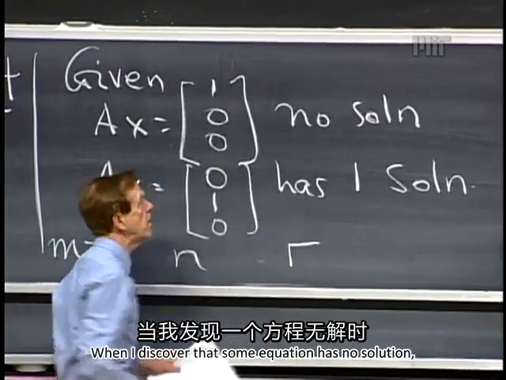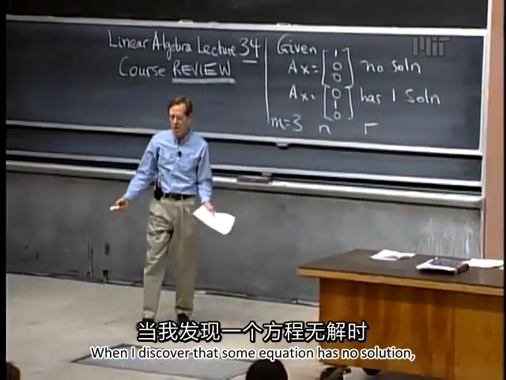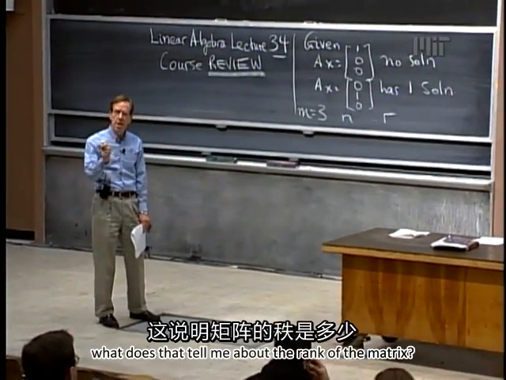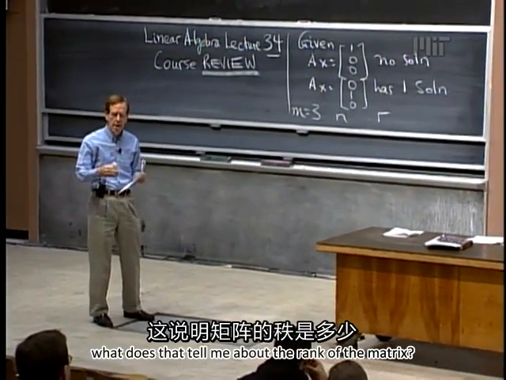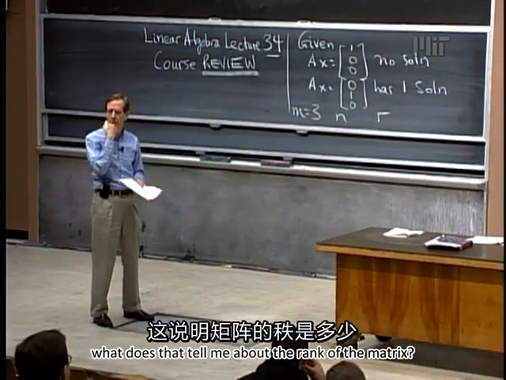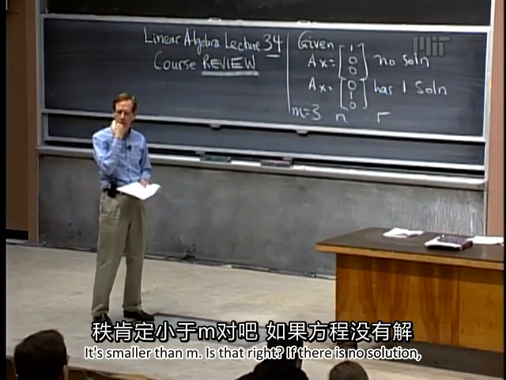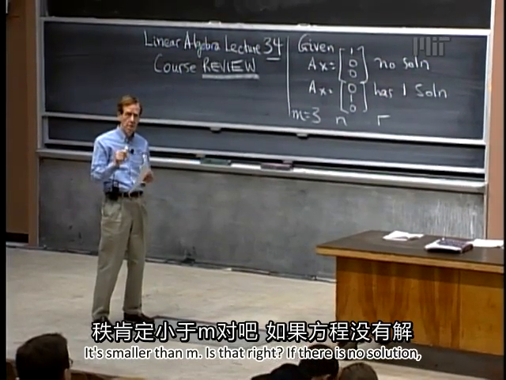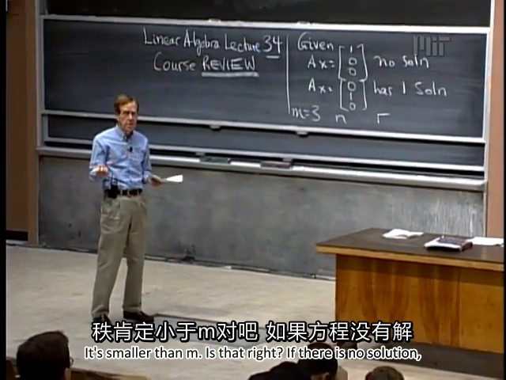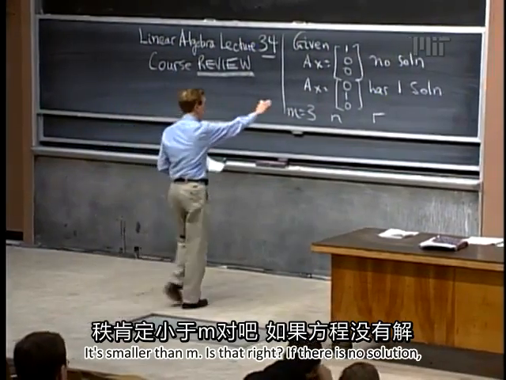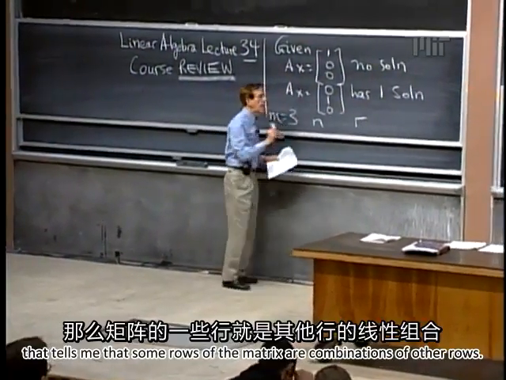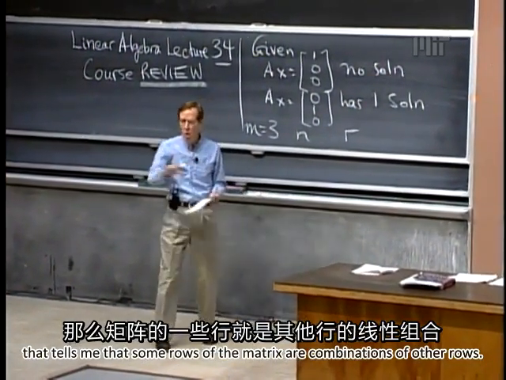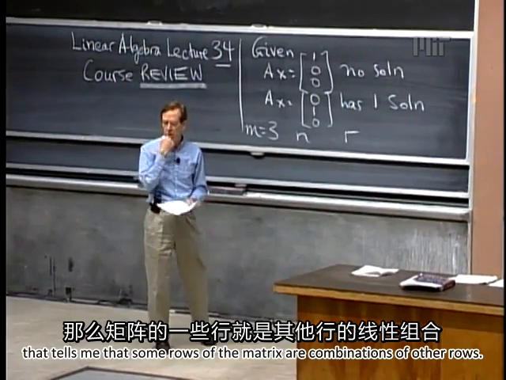When I discover that some equation has no solution, that there's some right-hand side with no answer, what does that tell me about the rank of the matrix? It's smaller than M. Is that right? If there's no solution, that tells me that some rows of the matrix are combinations of other rows.